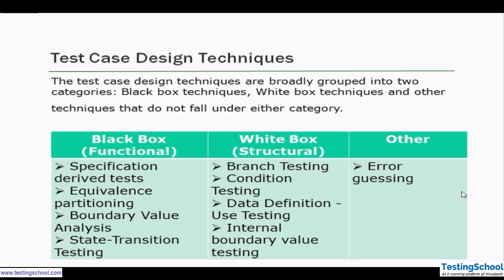Then we have the boundary value. Boundary value analysis says we should check the verification of a particular test case feature on the higher side, like on the peak point, and from the lower point. So let's say we have a range of testing an integer value of 10 to 15. So we should verify the peak points of 15 and 10, and outside the range we have to verify the 16 as well as the 9 also.